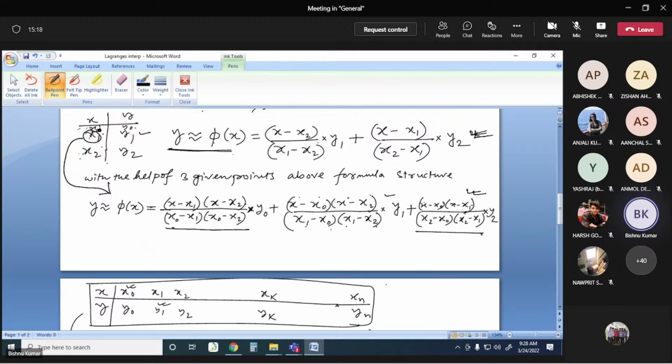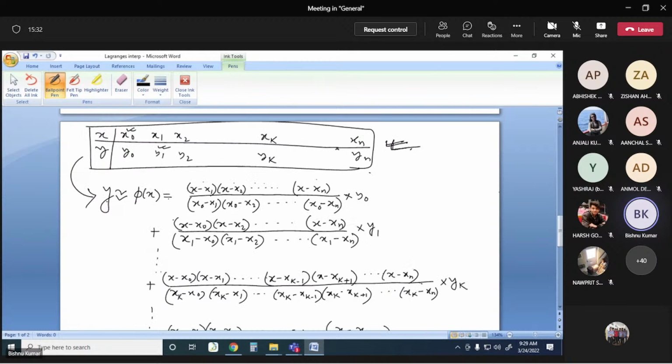Here you have n plus 1 points. The general formula we are going to establish is with the help of n plus 1 points, an nth degree polynomial. So what will be the first term? y equals approximately a function of x, and the first term, in the numerator, except the first value, all the remaining x values I am subtracting. The remaining x values are x1, x2 up to xn.